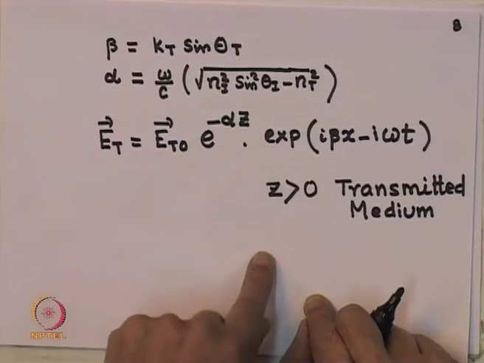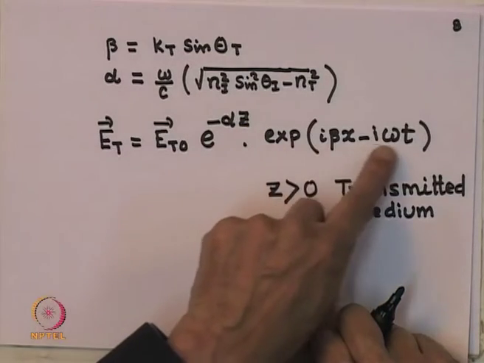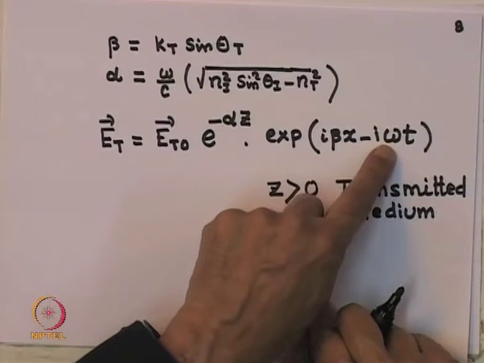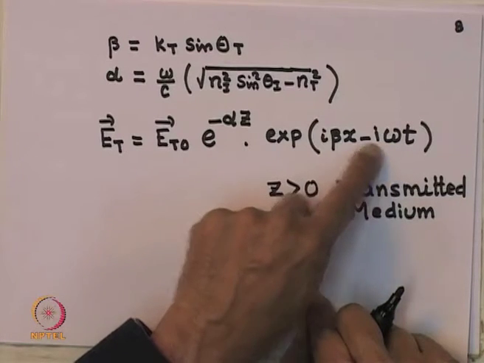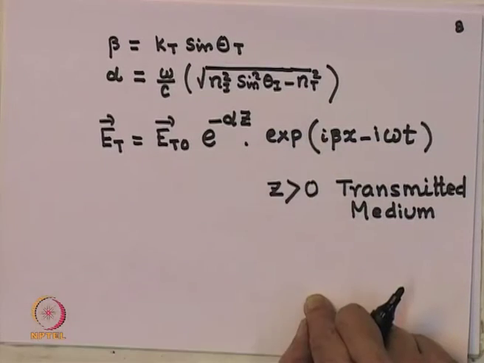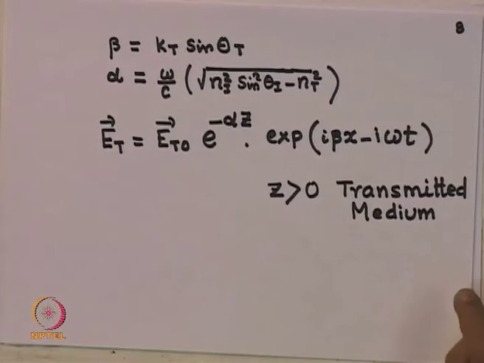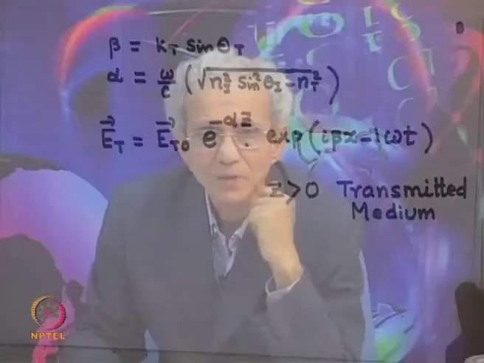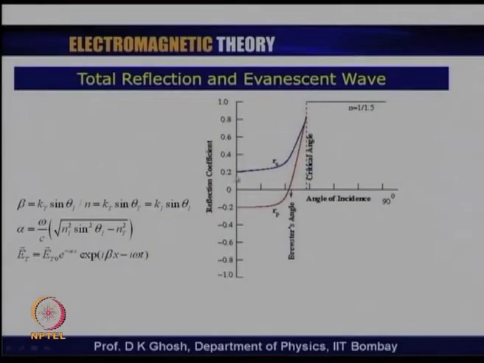There is a propagating term, but if you notice, this is propagating along the plane, and we have seen that the amplitudes of the reflection coefficients R p and R s have become 1.